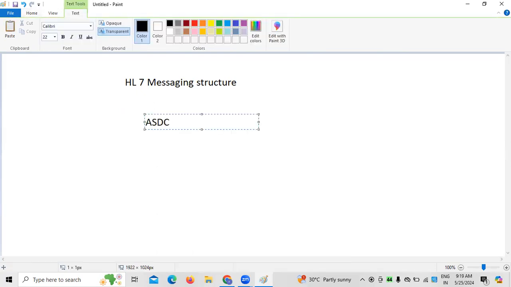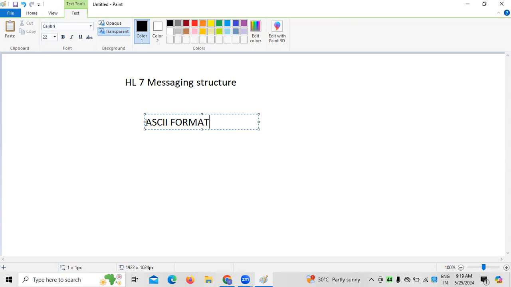It requires us to make some effort to interpret the data, to interpret the messages that another system has received.